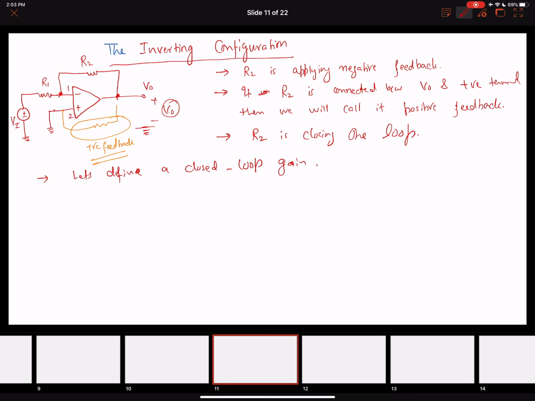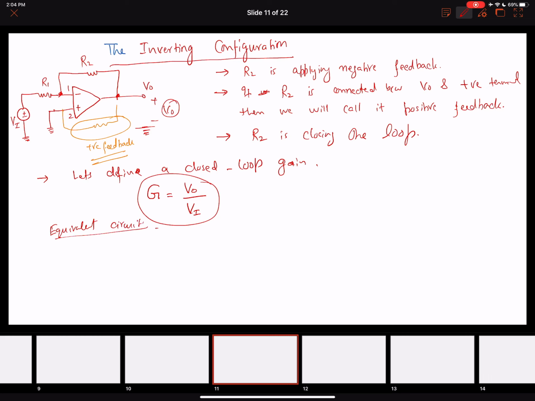The gain of this closed loop amplifier, I'm going to symbolically represent it with a capital G. So it will be V naught, the output voltage, to the input voltage, Vi. Okay, now let's draw the equivalent electrical circuit of this amplifier.